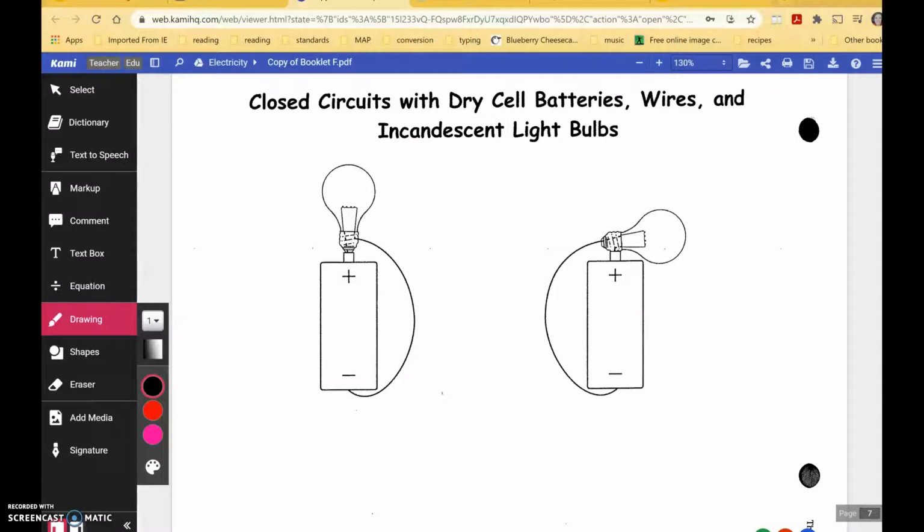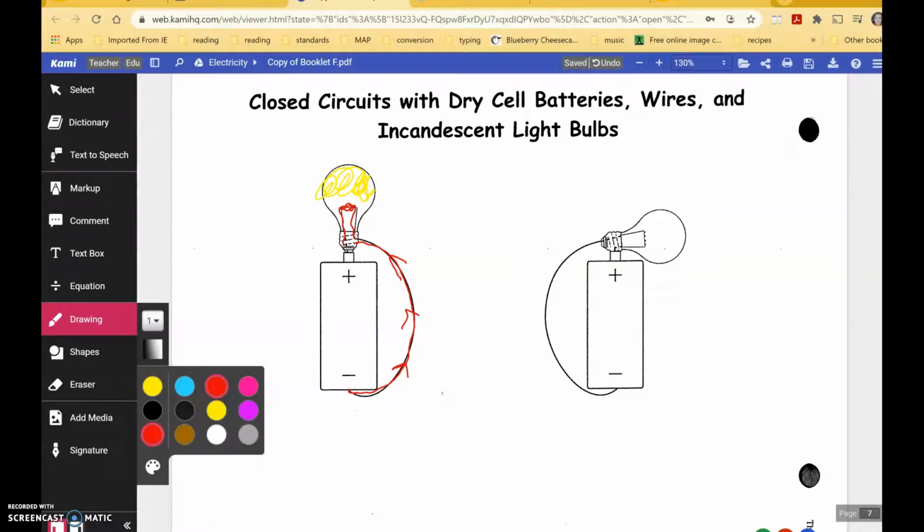So let me get my red colored pencil here. We start here and it comes up like this in this direction. It goes up through the lead wires, through the filament, and back down to the screw cap. Whenever that happens, we get our light.